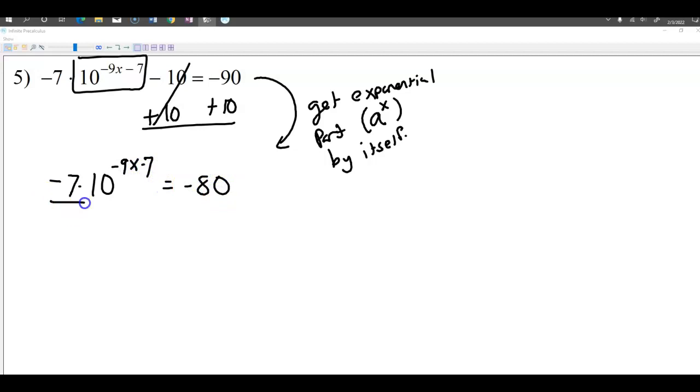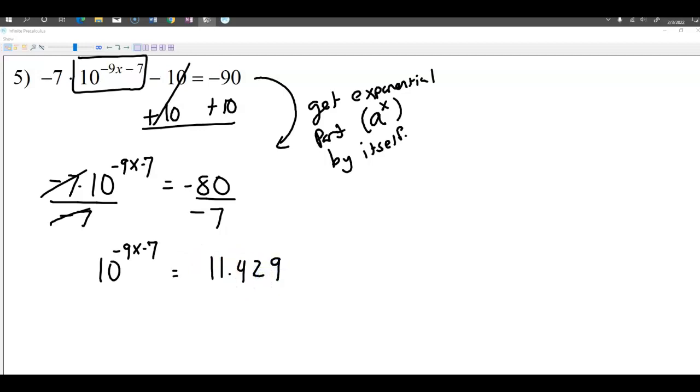Next, we want to divide this -7 out of the way. And 80 divided by 7, that's going to be a decimal, so we might as well just use our calculator here. It's going to be 11.429.